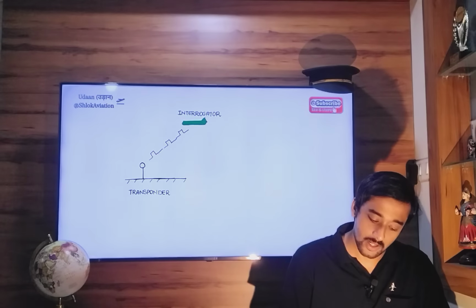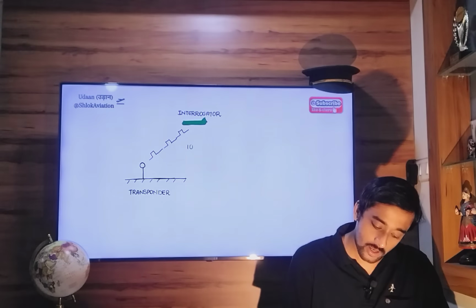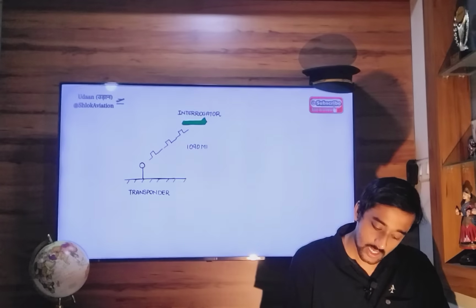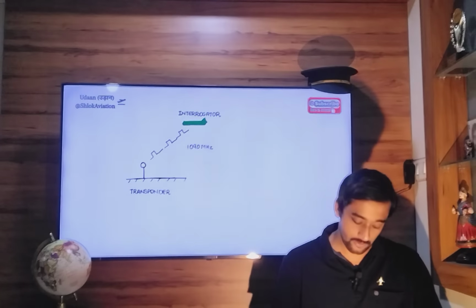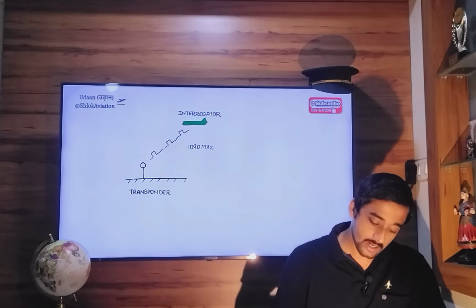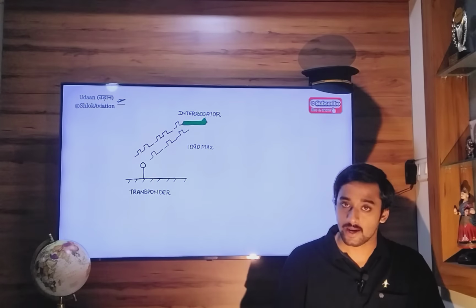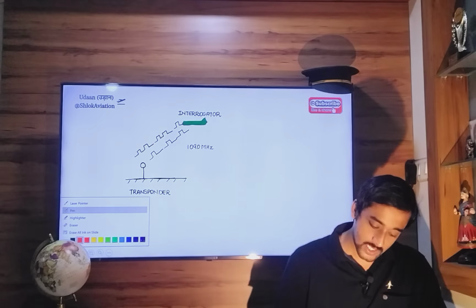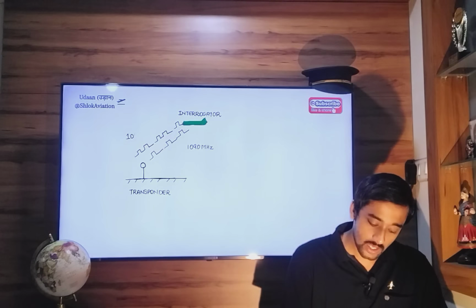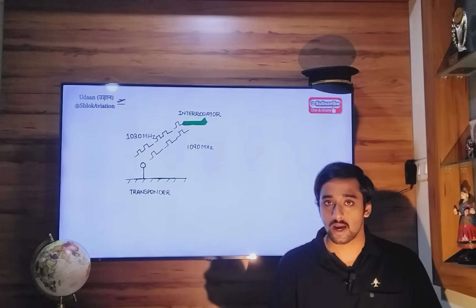These interrogation pulses are at a frequency of 1090 megahertz. The DME ground station will wait for 50 microseconds and reply to these interrogation pulses by sending radar pulses in the direction of your aircraft. Now these reply pulses are at a frequency of 1030 megahertz.